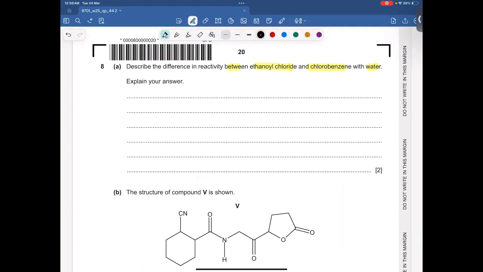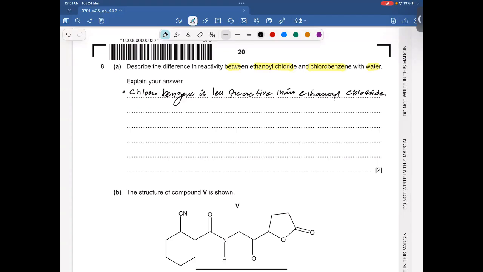First of all, chlorobenzene is aromatic alkyl halide, so it is less reactive than ethanol chloride. So chlorobenzene is less reactive than ethanol chloride.